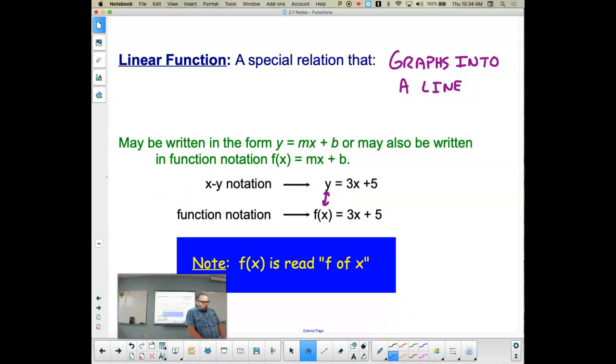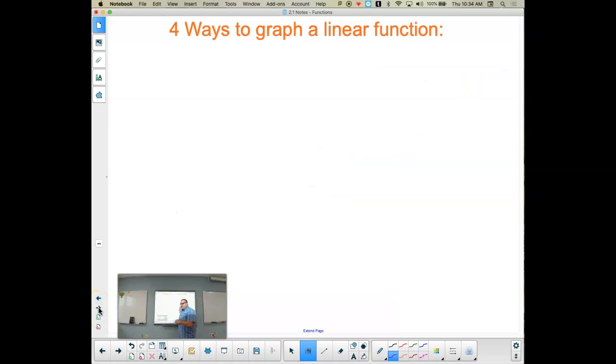There are multiple ways to actually graph linear functions. Okay? One way, one method is you could make a t-chart. Okay?